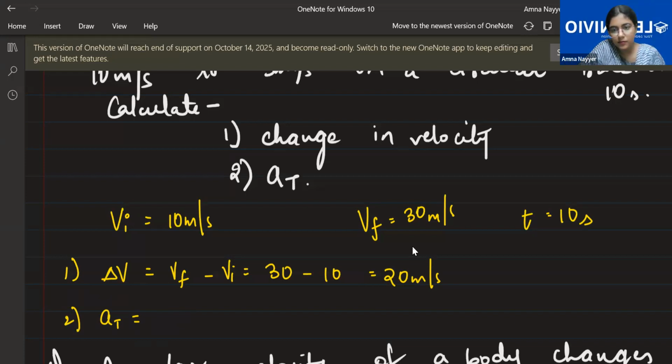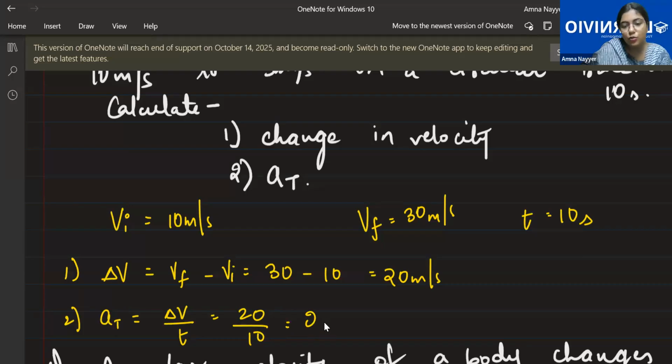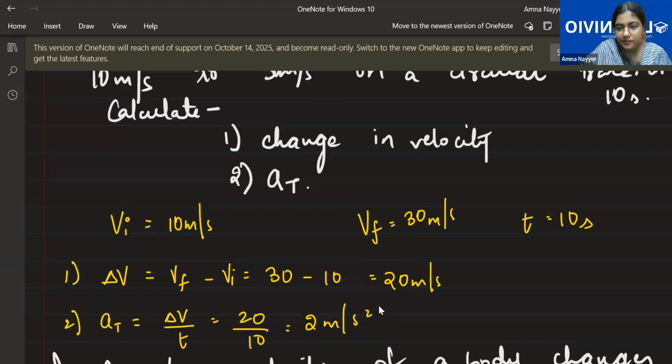Delta V by t, dV by dt. See, we write dV, but if the value is not infinitesimally small, you can use delta V also. So this becomes delta V by t, which is 20 divided by 10. That is 2 meter per second square. Okay.